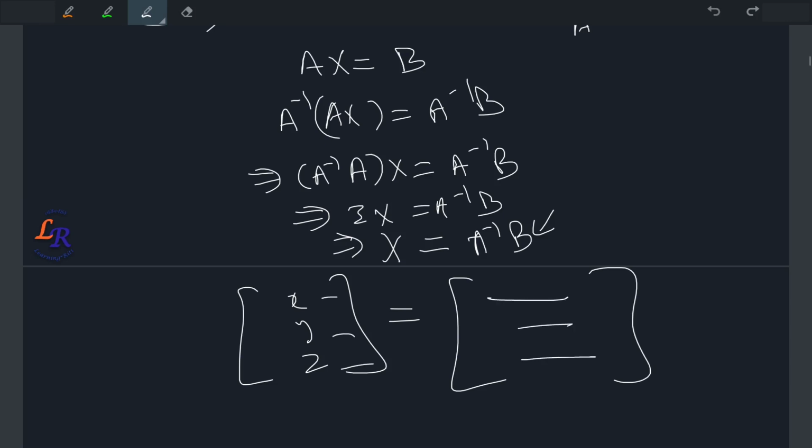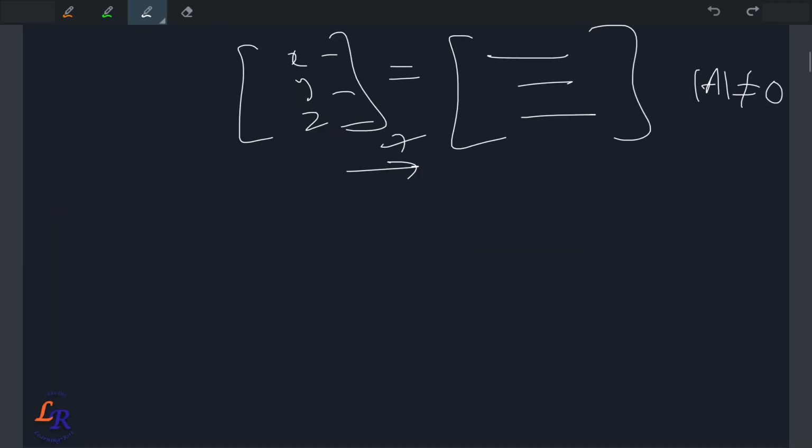This is the condition when the determinant of A is not equal to 0. Here you are utilizing the concept of determinants and matrices and finding the inverse to determine the solution of such equations. So this is the case when the determinant of A is not equal to 0.